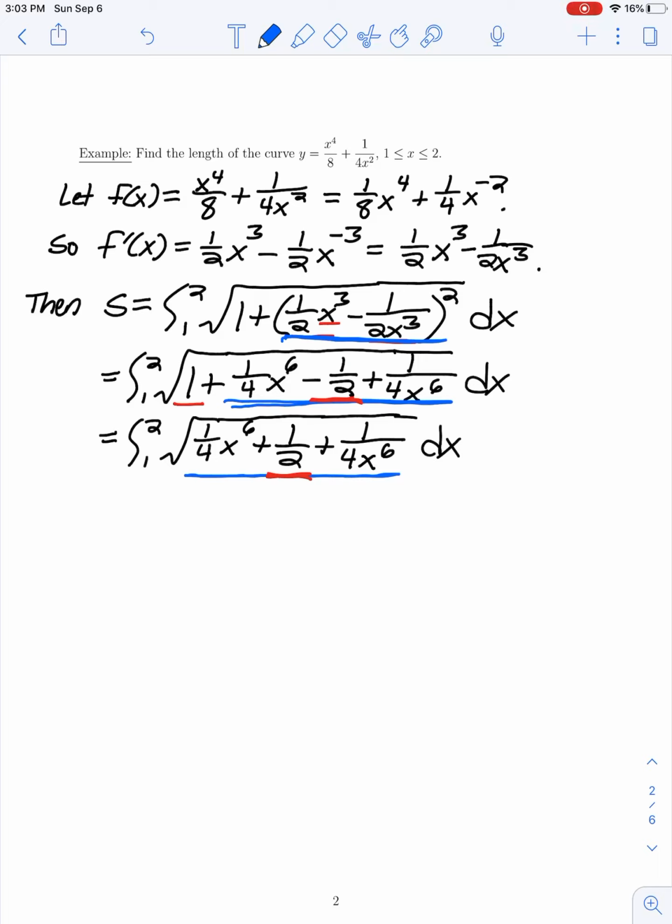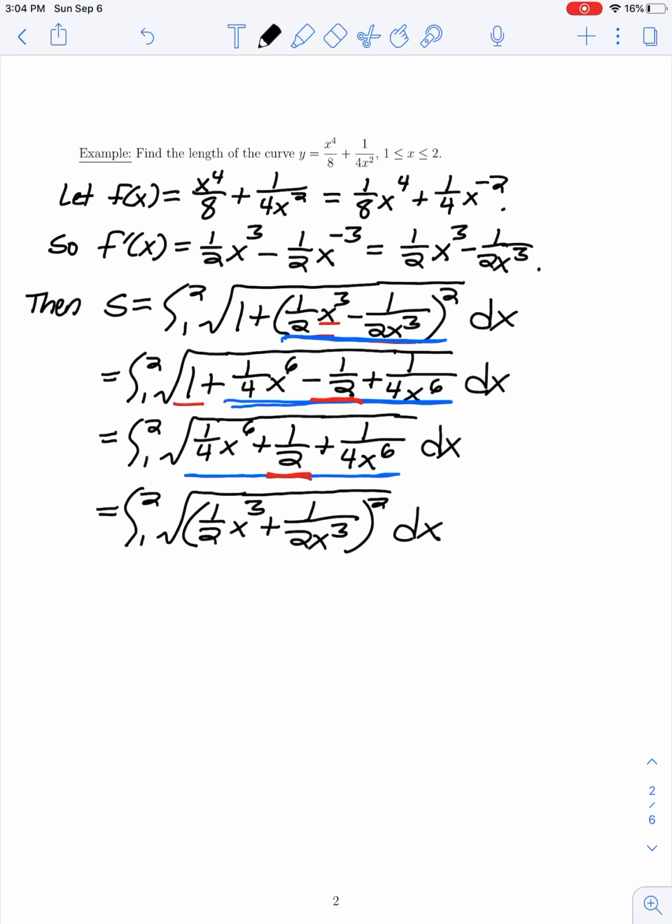So if I just change the sign of that negative 1/2 to a positive 1/2, I can recognize that this expression under the radical can be factored as 1/2 x cubed plus 1 over 2x cubed, quantity squared, dx.